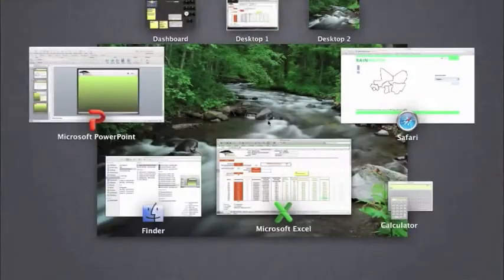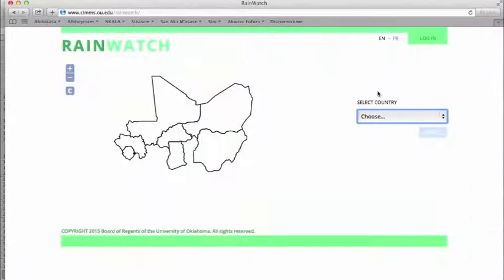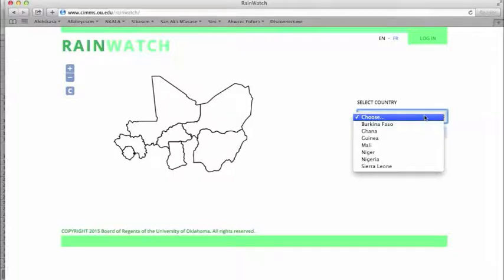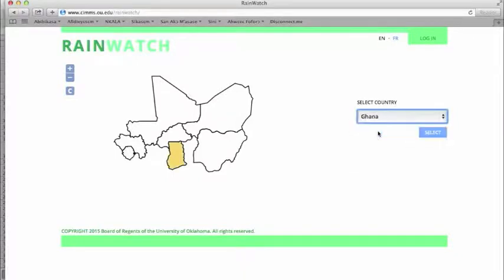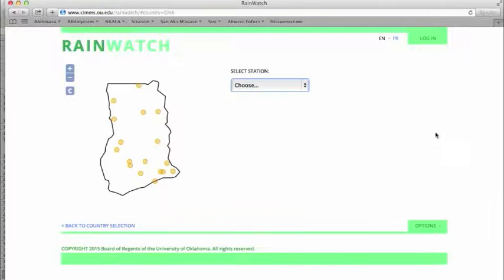What I've done is, I went to the internet, did a quick search here, and I found a website where we can choose a country and get rainfall data from various locations. So I'm going to select Ghana, and we have various stations here, and here is Sunyani, which is in the Bono Ahafo region.